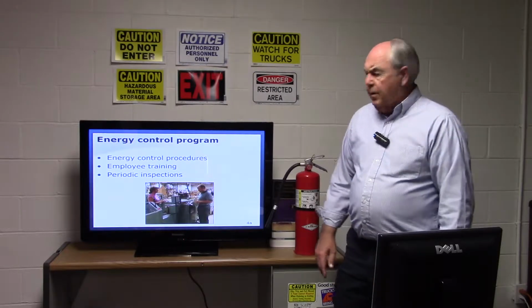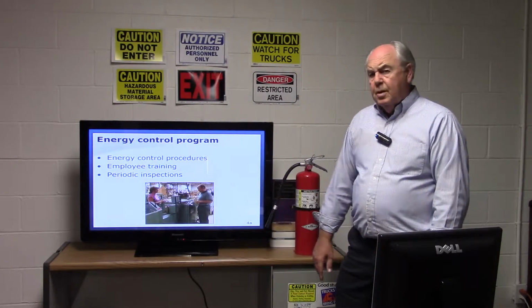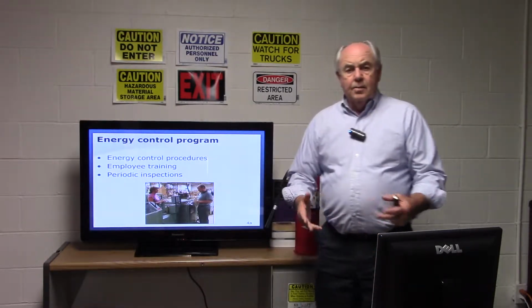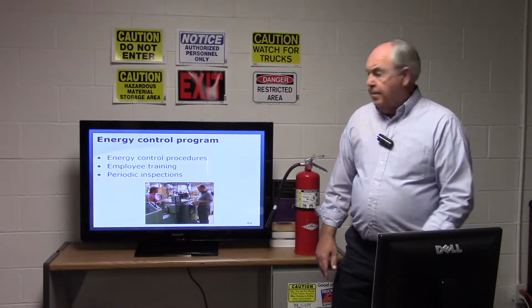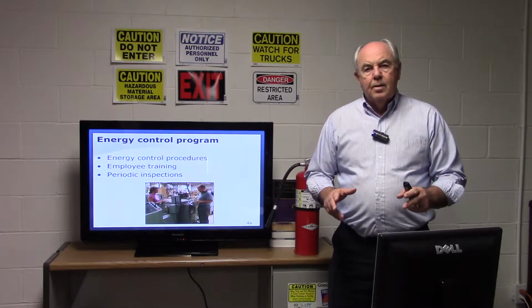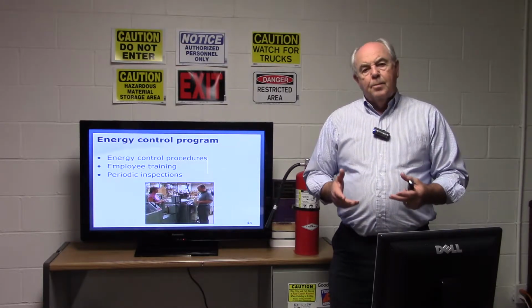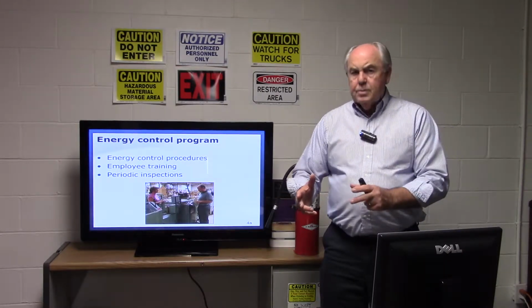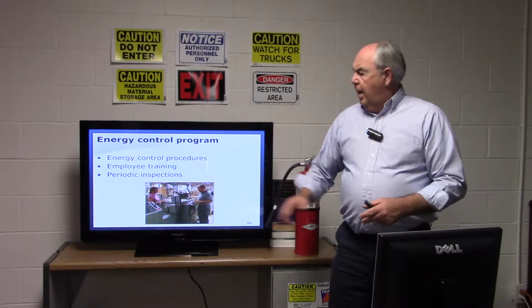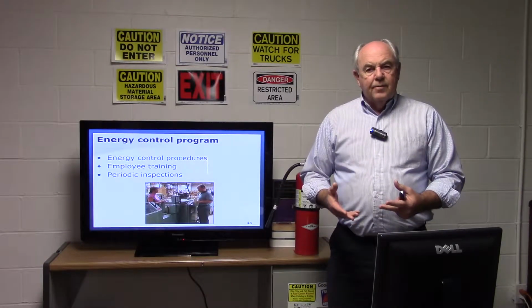Energy control program: CNL Wood Products has an energy control procedure. Employee training is something that we're doing right now. Periodic inspections, at least once a year, we have to go through the plant, review all of the procedures, the lockout, tagout procedures is what I'm talking about, and make sure that they're still correct and they're still de-energizing a piece of equipment safely.